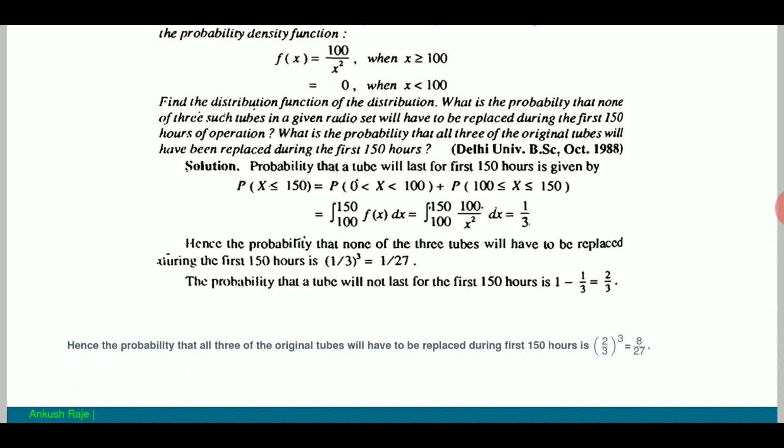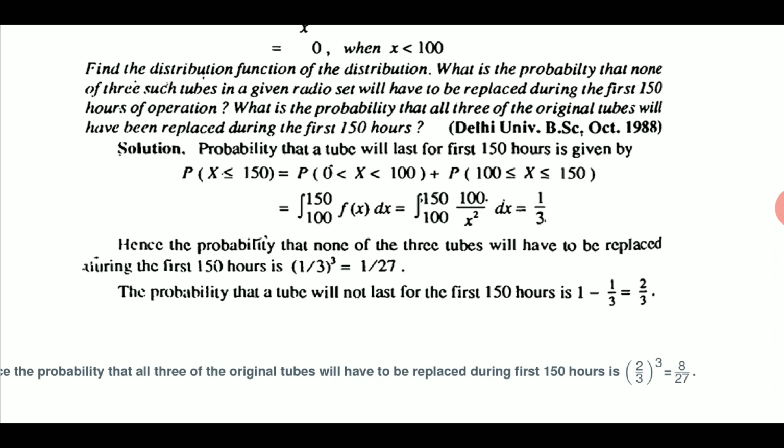The probability that a tube will last for the first 150 hours: since it will last for the first 150 hours, the less than or equal to sign should be used. So the probability that the random variable x is less than or equal to 150, that means up to 150 it will not break. So it will be the probability of 0 less than x less than 100 plus the probability of 100 less than or equal to x less than or equal to 150.